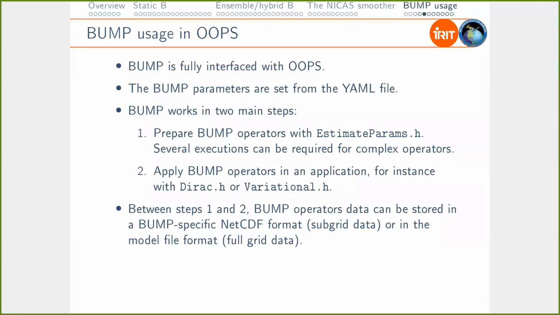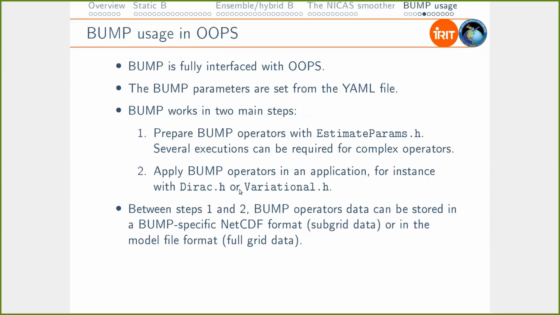So as I said earlier, BUMP is fully interfaced with OOPS, and the BUMP parameters can be set from a YAML file. And basically, BUMP works in two main steps. The first one is to prepare the BUMP operators, so it can require several executions of the estimate params.h class.